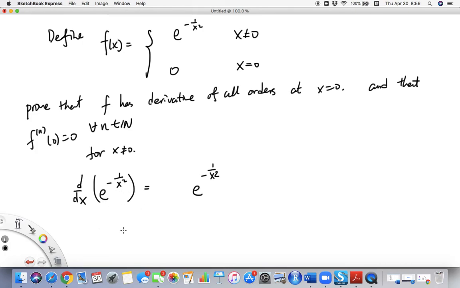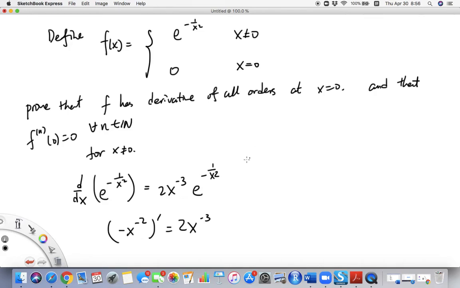So minus 1 over x squared is minus x to the minus 2. If you take the derivative, that's equal to 2 times x to the minus 3. Right, that's the first derivative.